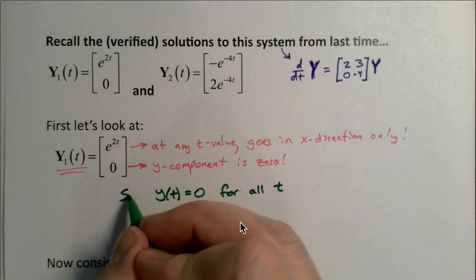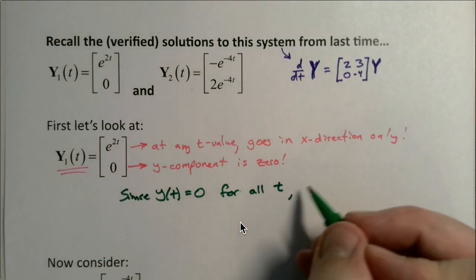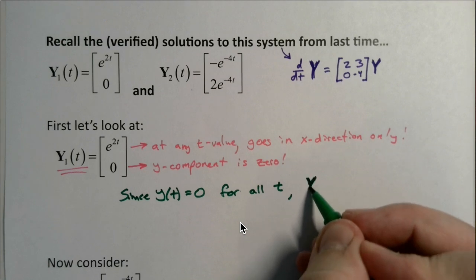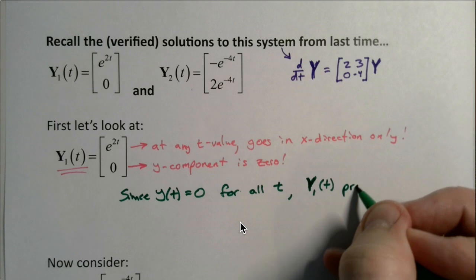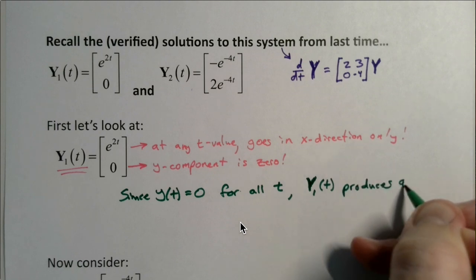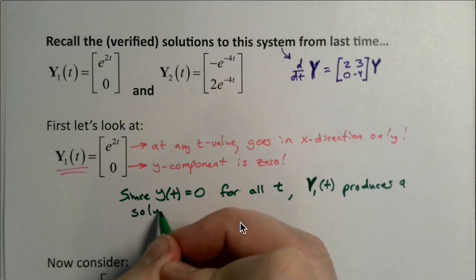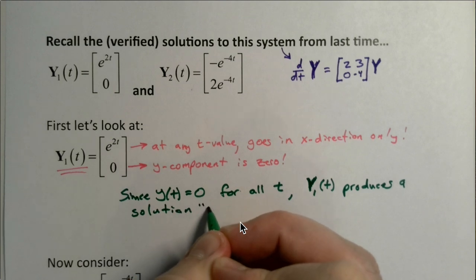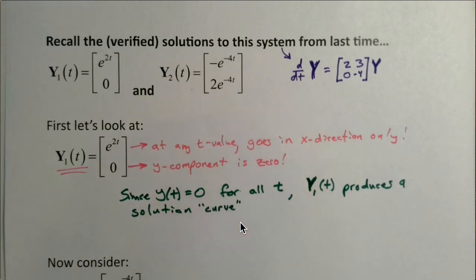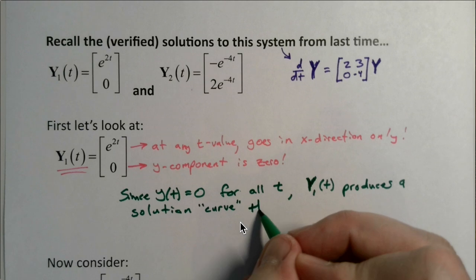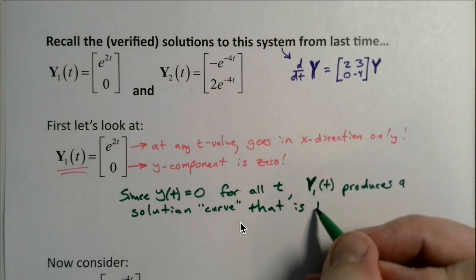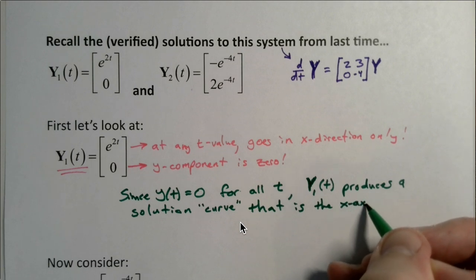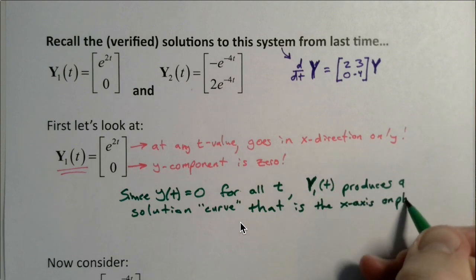So since this is the case, our y1 solution produces a solution curve. And I'm going to put it in quotes because, of course, it doesn't look like a curve here. That is the x-axis on the phase plane.